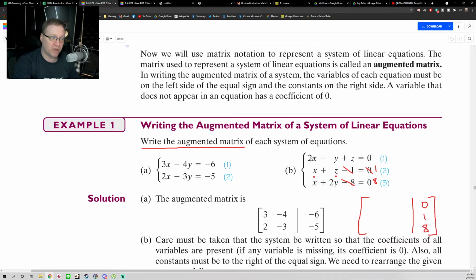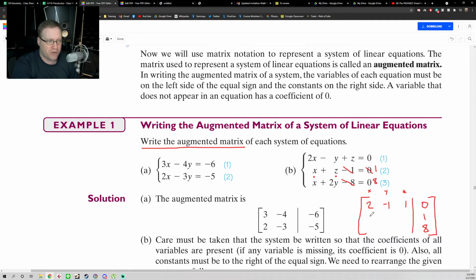And we need to look carefully at the variables and what the coefficients are. Let's put the x's in this column, the y's in this column, and the z's in this column. Well, our x, y, and z here are 2, negative 1, 1. So we have 2, negative 1, 1. And then here we have 1x and 1z, but no y. So it's 1, 0, 1.